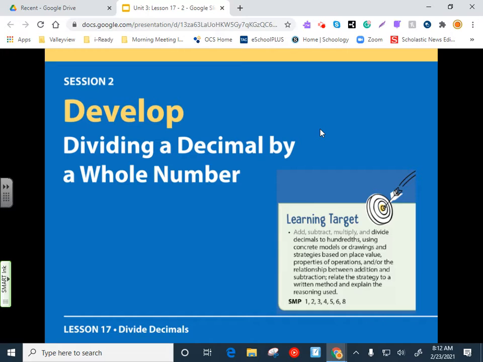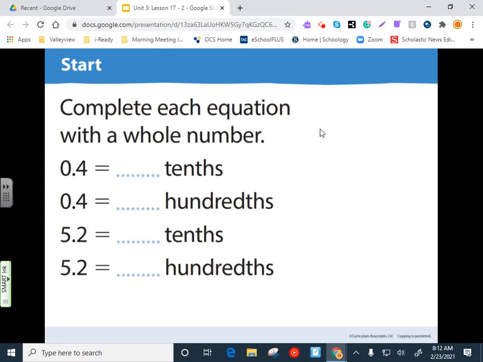So let's start with a warm up. One of the things you're going to have to do for this lesson is to see numbers like these. So we have 0.4 and 5.2. We can convert these decimals into a whole number to make our dividing a little bit easier. So for example, 0.4 can be 4/10.